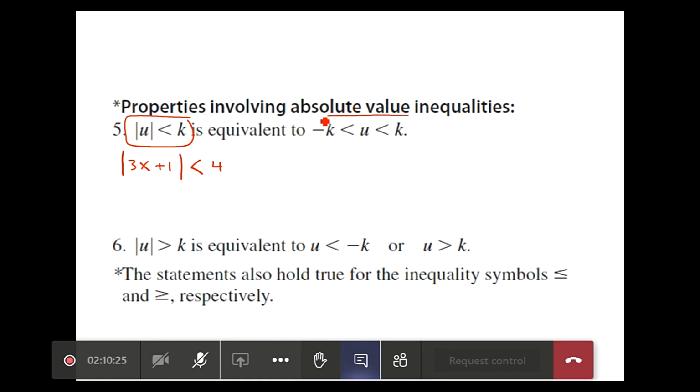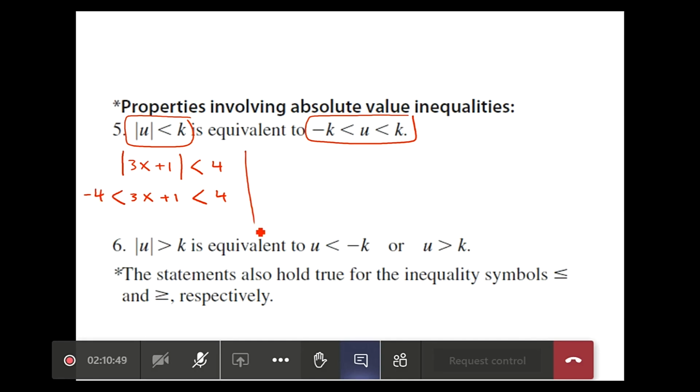Remove the absolute value and put it in this form: u between negative k and k. So put 3x plus 1 without absolute value between 4 and negative 4.